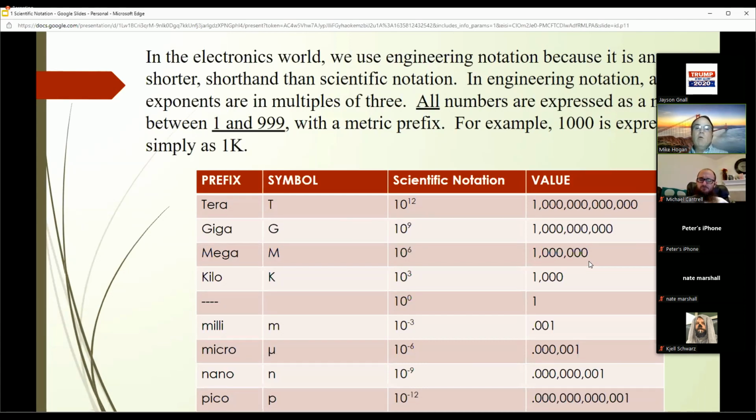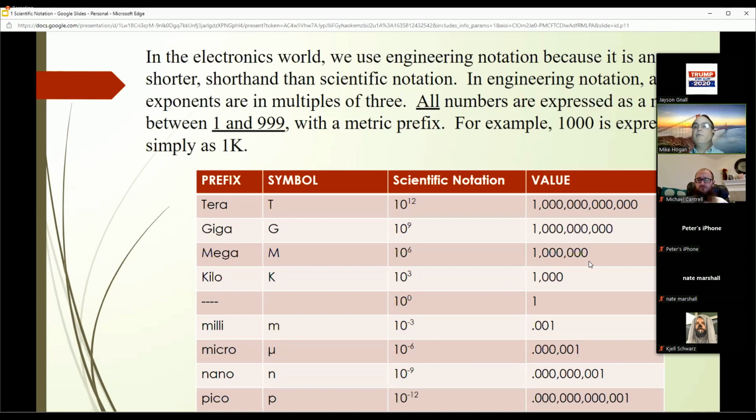Now, one thing I will mention is you may hear engineering notation. Scientific notation, you can move from any multiples. It could be times 10 to the 1, the 2, the 3, the 4, the 5, whatever.